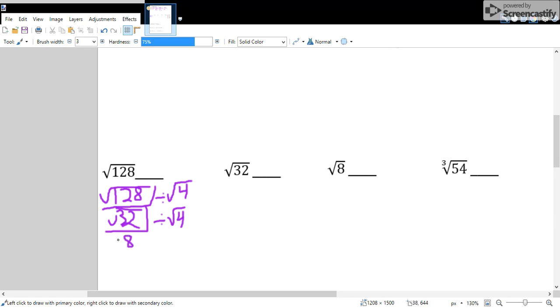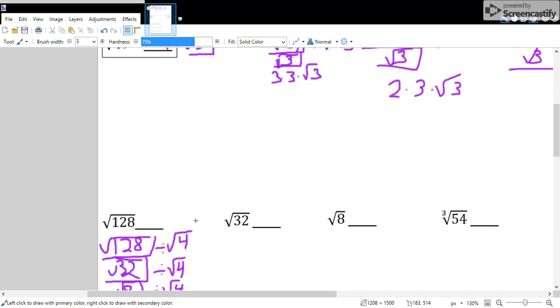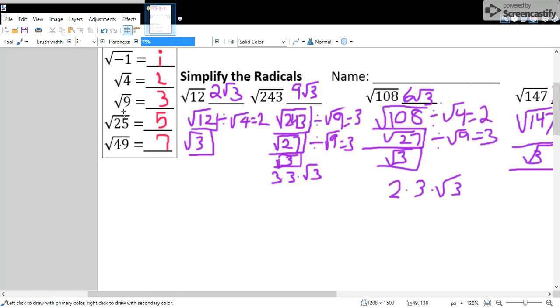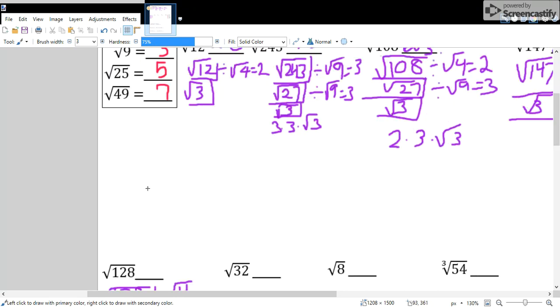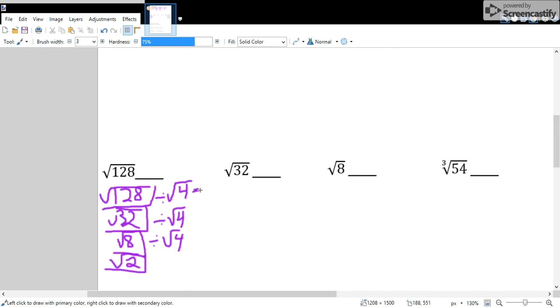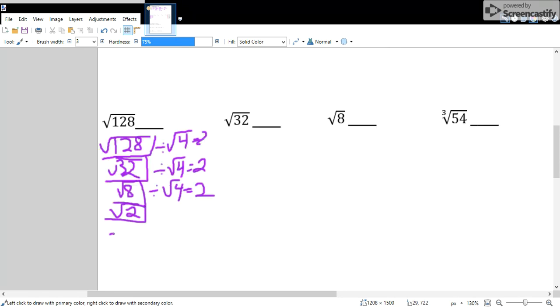It gives you 8. And you can divide by square root of 4 one more time. Get 2. 2 is left over because these don't go into 2. So we have 2 times 2 times 2 times the square root of 2. That equals 8 square root of 2.